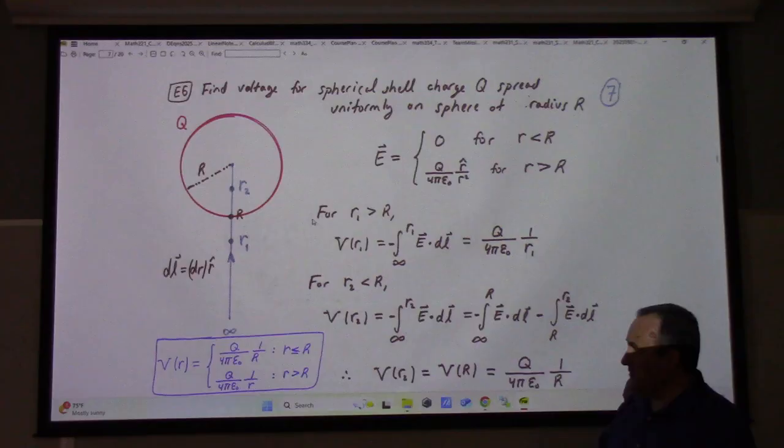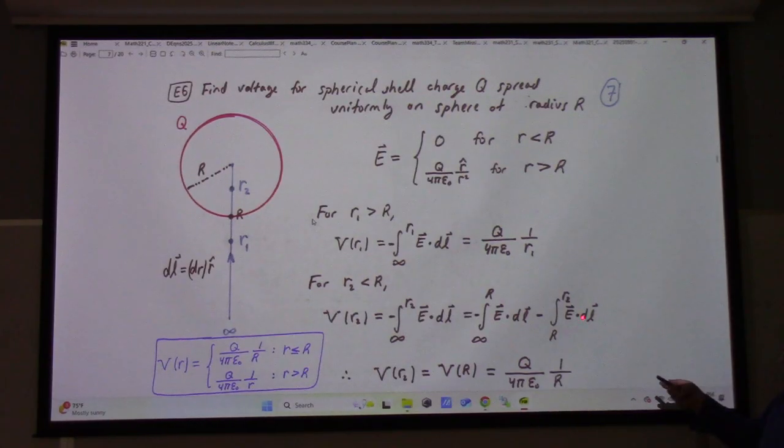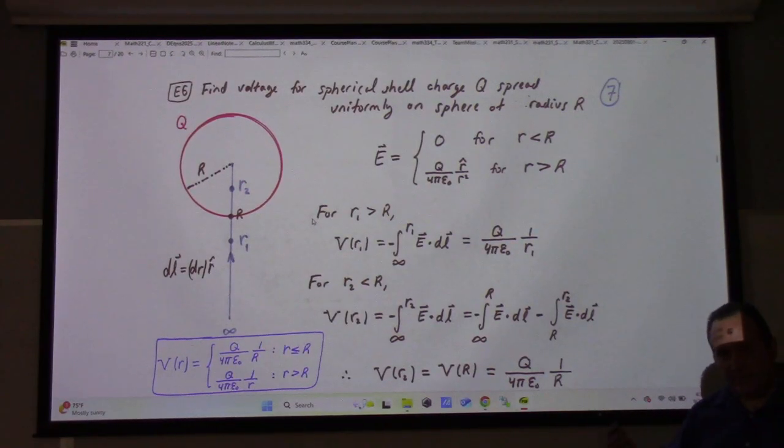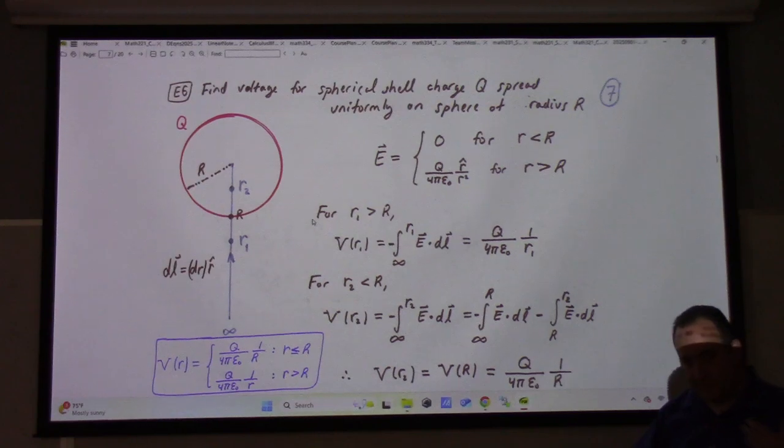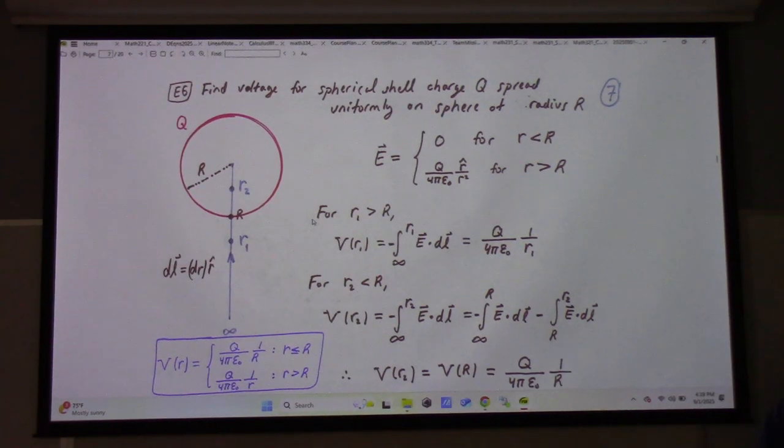But this is not that. So this is 0, and we have V of R2 equal to V of r. In other words, the voltage is constant inside, but of course it had to be, because the electric field is the gradient of the voltage, and if the gradient of a function is 0, that function is constant. All right.